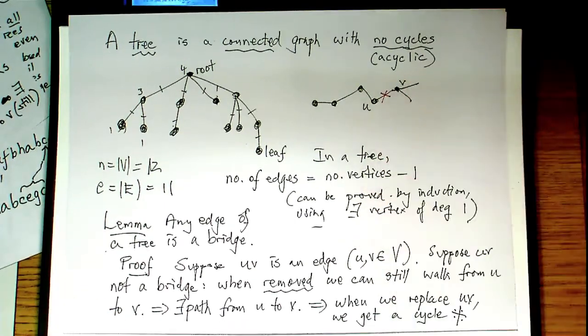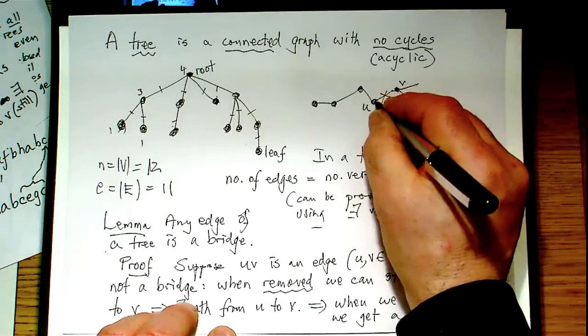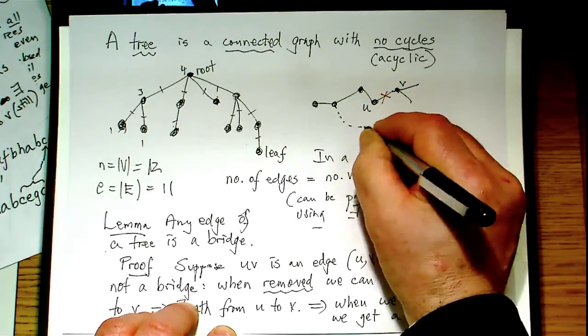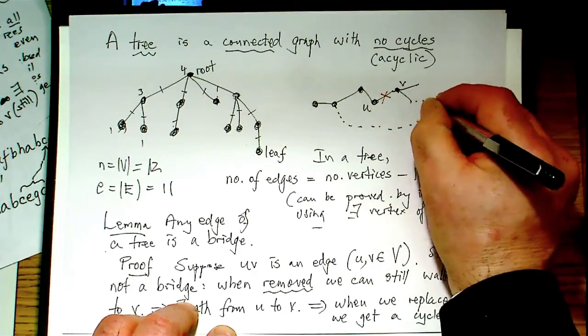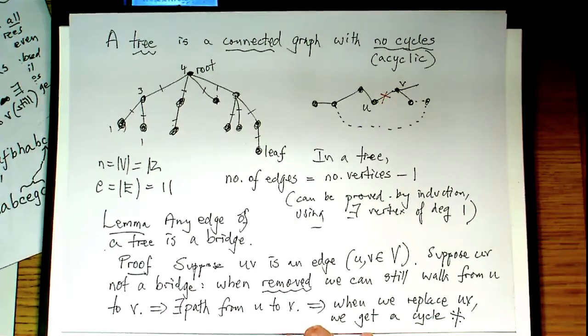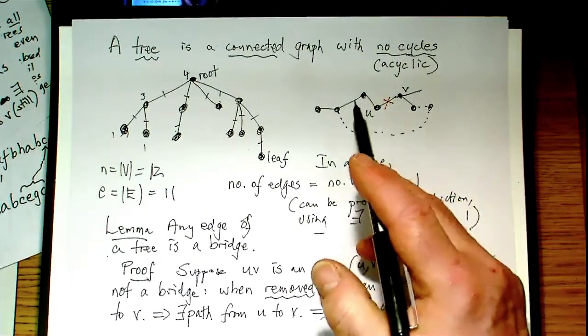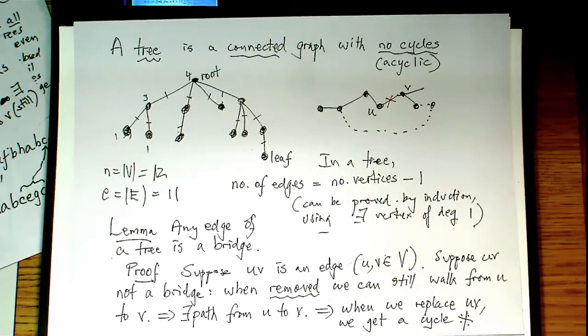We're going to remove UV. And that means what we get is still connected. That means there must be a path from U to V. There are other bits of the graph I haven't drawn, but there must be a way of getting from U to V without going through that red cross, because the graph is still connected. Because we're assuming that it's not a bridge.